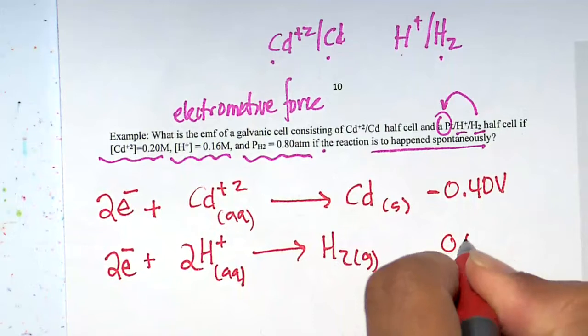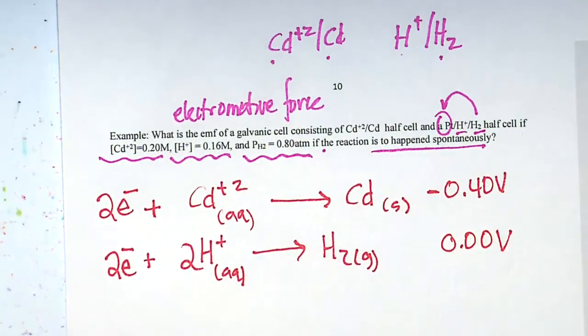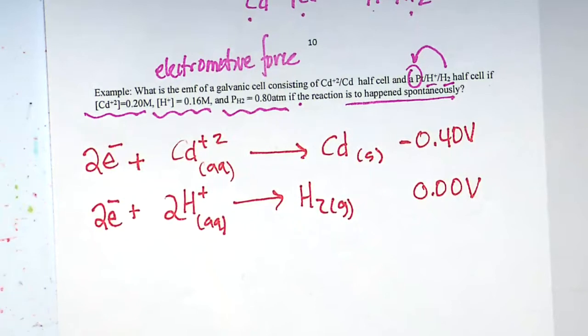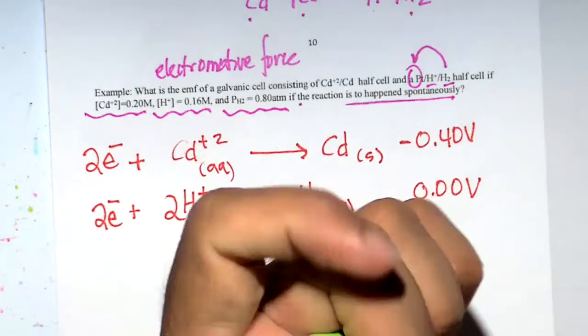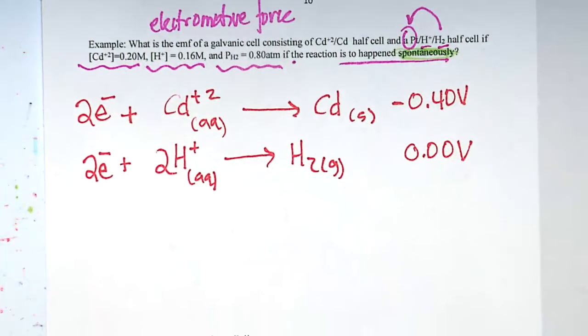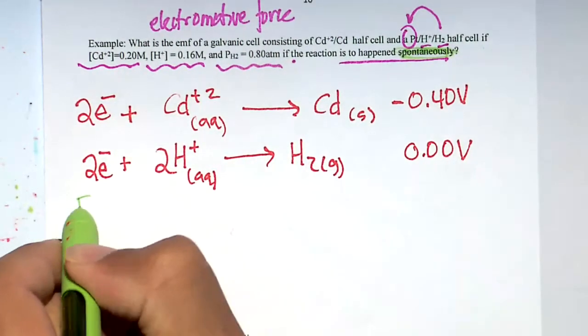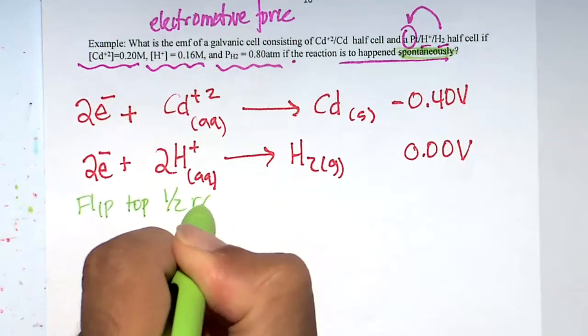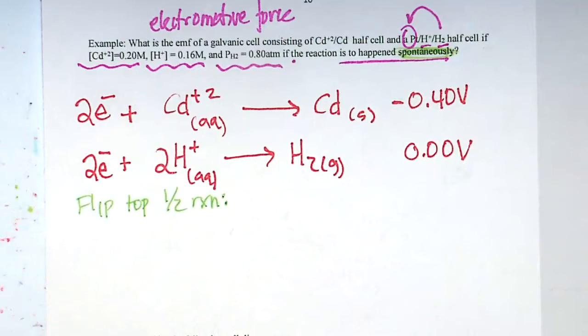Just looking it up. All right, so which one should we flip to make sure that it is spontaneous? We're going to flip the top one, because remember, they tell us that the reaction is to happen spontaneously, so we need a positive voltage. So let's flip the top half reaction. Flipping the top half reaction, this is what we get.